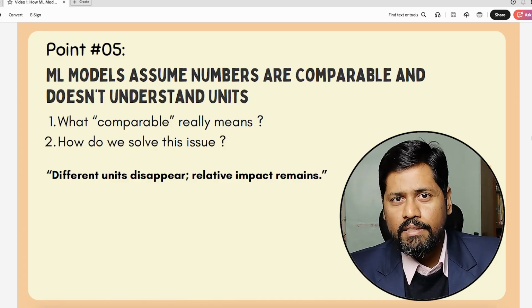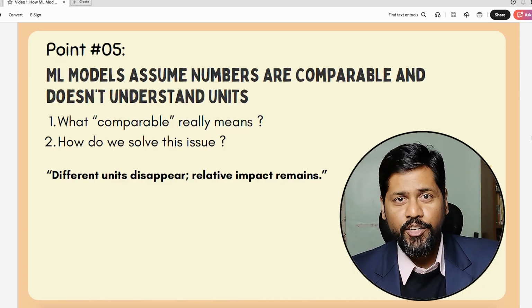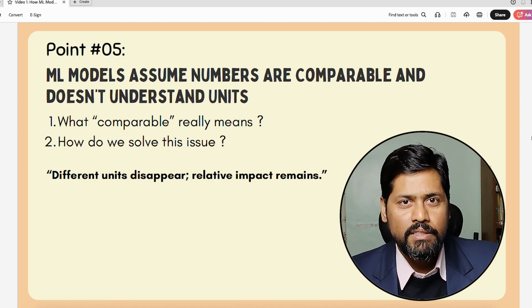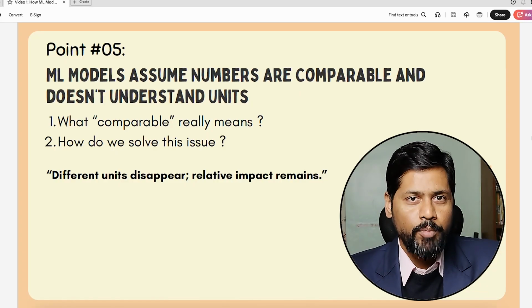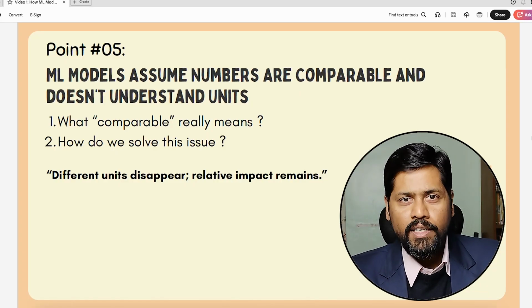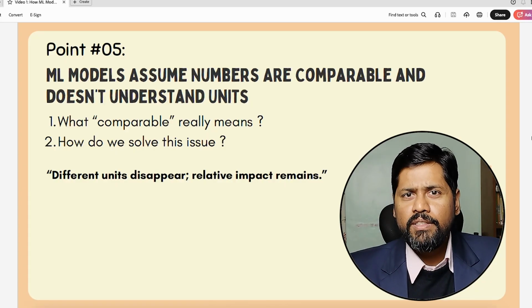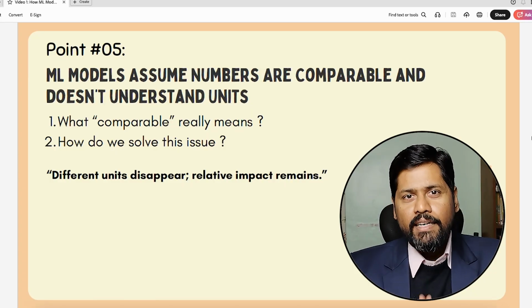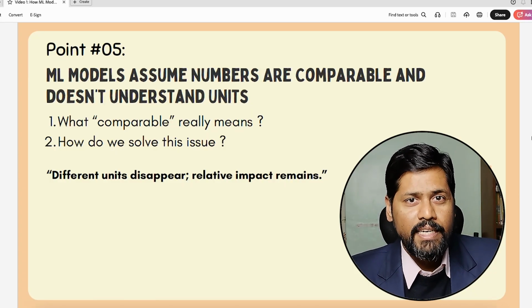So the question here is, how do we solve this issue? For us it's very different, because as humans we can identify units. When we see a report card, we can say this one is about marks. When we see a weather forecast and see one, we know it is related to temperature, so its unit is degree.